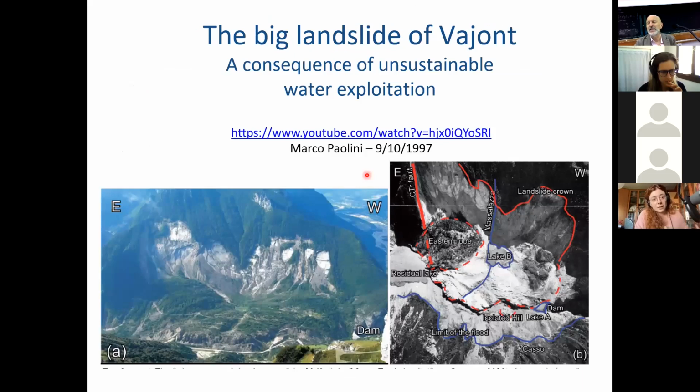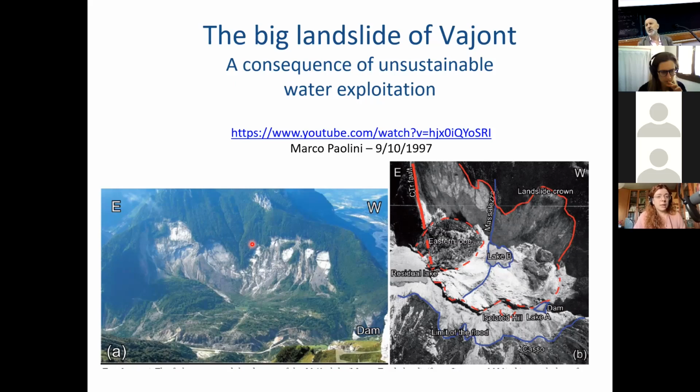And this speed, about 100 kilometers per hour, was absolutely not predictable in terms of the knowledge of the processes of landslides, but it was induced by man's activity. So it's an example of global change action, of big public works that could have an effect against the water resources in terms of effects for landsliding.